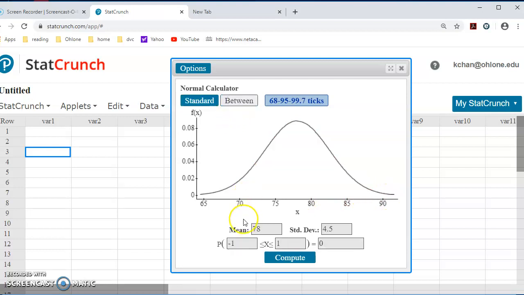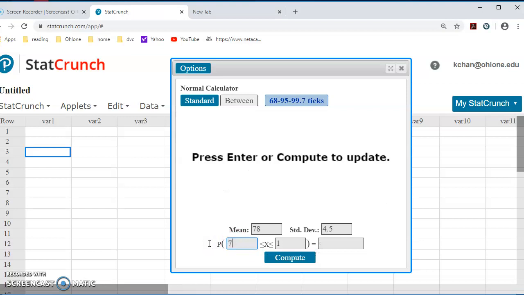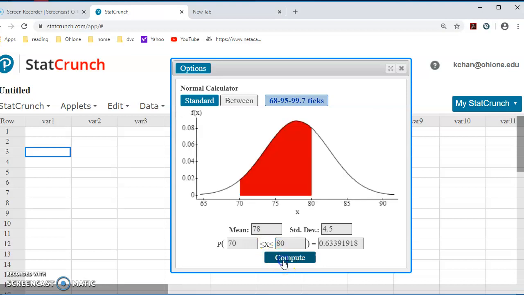You can also click in between, where you input the upper and lower limit, 70 to 80, and compute. This would be the area under the density curve between 70 and 80.